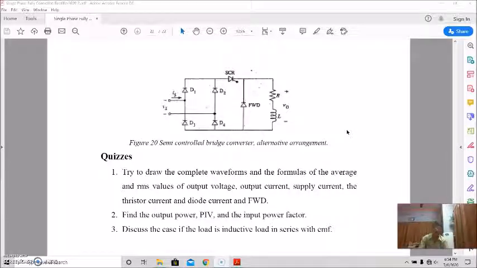In the same way we'll go forward with our discussions on three phase converter circuits. So with this we may conclude our discussions.